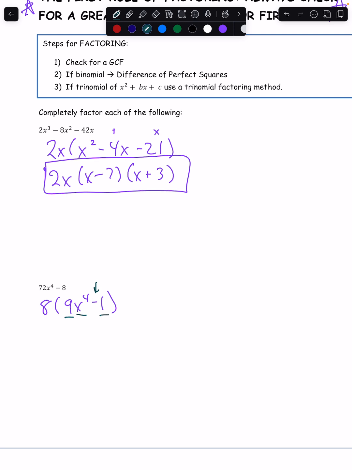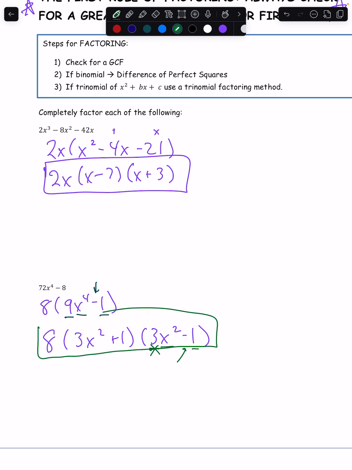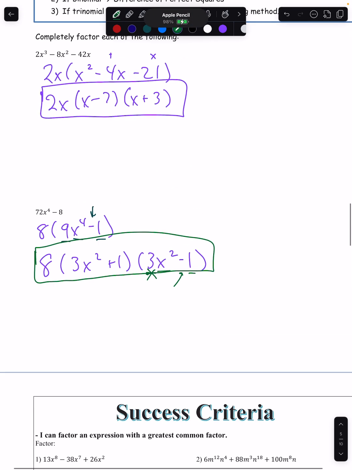So this is now a difference of 2 perfect squares, and we can keep on going. So that'd be 8, 3x squared plus 1, 3x squared minus 1. Can we keep going? I see a difference here, but it's not a perfect square. So this would have to be our answer. We cannot keep on factoring that. And that's it for factoring.